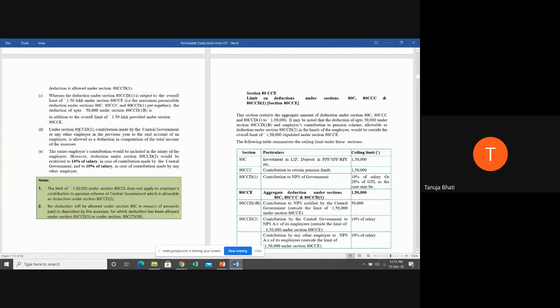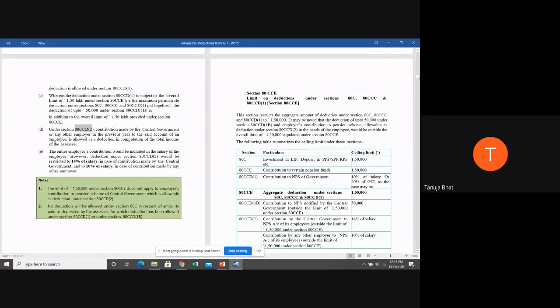Now let us see 80CCD subsection 2, which says that if any contribution is made by the central government to the NPS account of its employees, or by any other employer, not the central government, suppose I'm employed under a private organization and they are contributing to the NPS account of the employee, then you will get a deduction of 14% of salary if it is the central government, and if it is any other employer, you will get a deduction of 10% of salary.